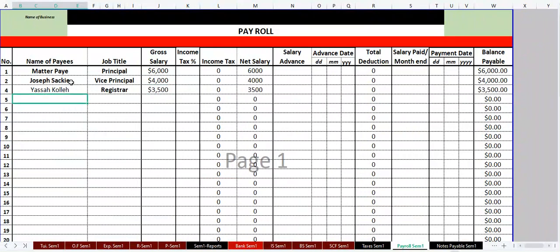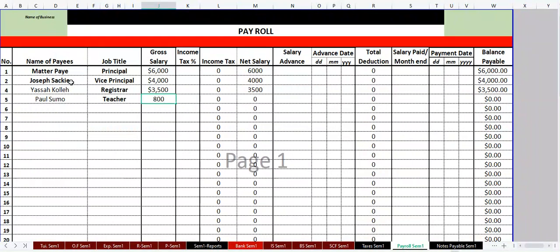Then we have instructor Paul Small. Instructor Paul Small, he's just a teacher, so we say maybe he's paid 800.